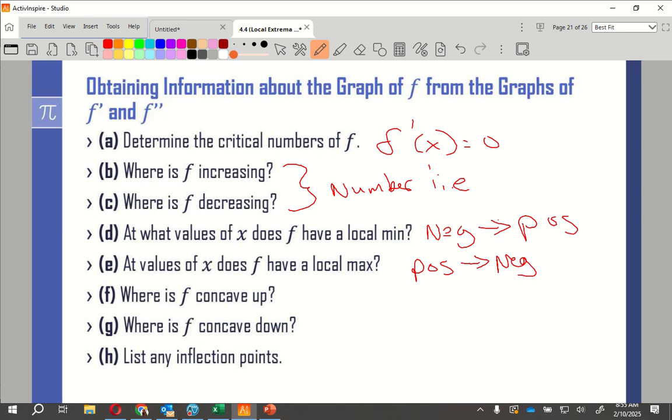Where is it concave up? Okay, that's where we get those values for. Concave down, inflection. So this should be your cheat sheet for all these problems here.